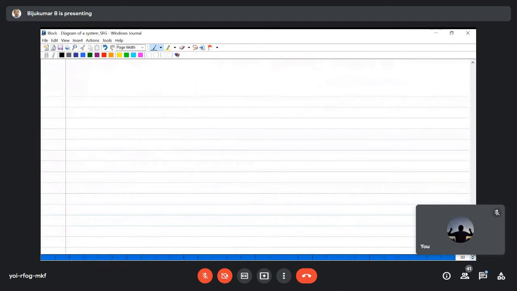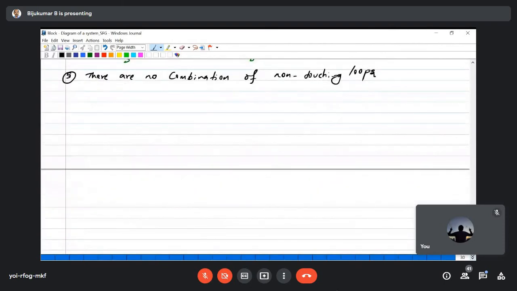Next, directly you can evaluate the transfer function. In order to find this C of S by R of S, we have to find the delta first. Delta is 1 minus the sum of the individual loop gains, that is L1 plus L2. Since there is no combination of two non-touching loops, we can mark it as 0.